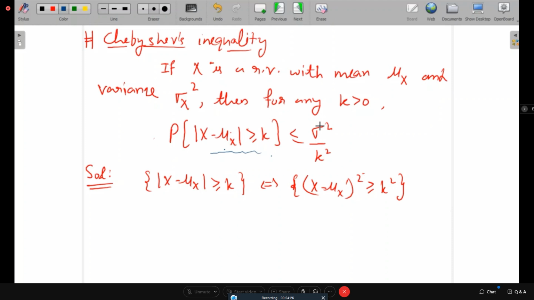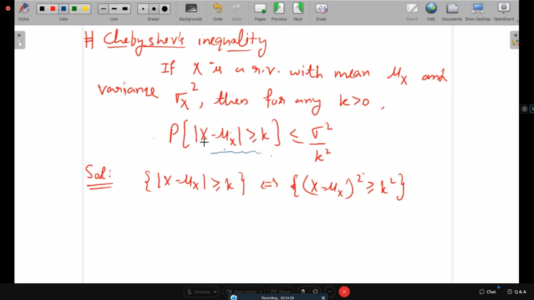Can I read this as: the probability that x is going apart from the mean, that is, if the distance is more than k, tends on the right-hand side to 0, the probability is going to be 0. So most of the values of x will lie surrounding the mean.